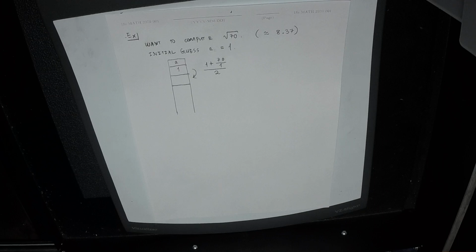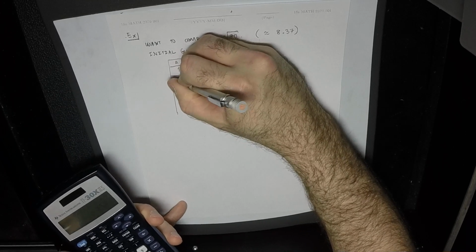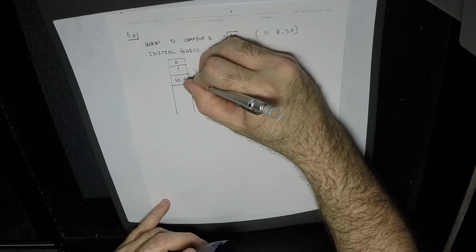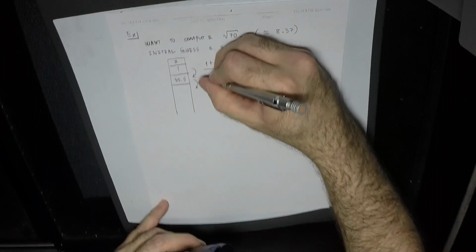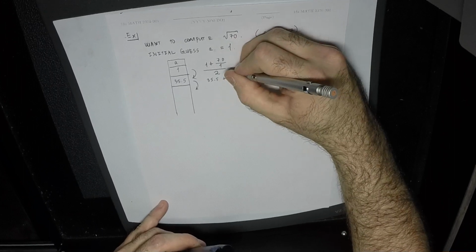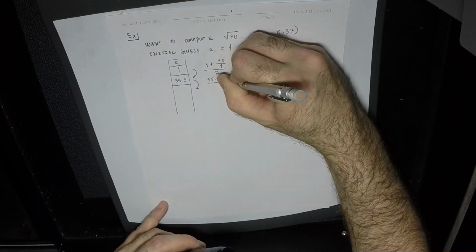Okay, that gives 35 and a half. All right. Then to get the next guess, the update formula would be 35 and a half plus 70 over 35 and a half, and then divide that by 2.